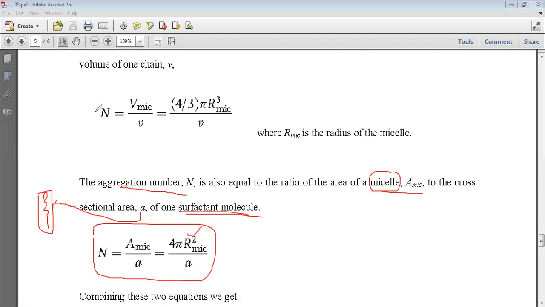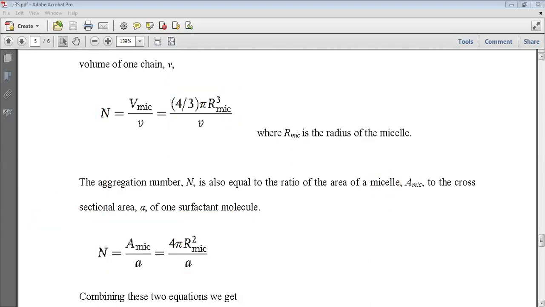When we combine these two equations, since both are N, this part should be equal to this part. Some of the terms will cancel out, pi and pi will go, 4 and 4 will go, and ultimately you will get the relation given here.